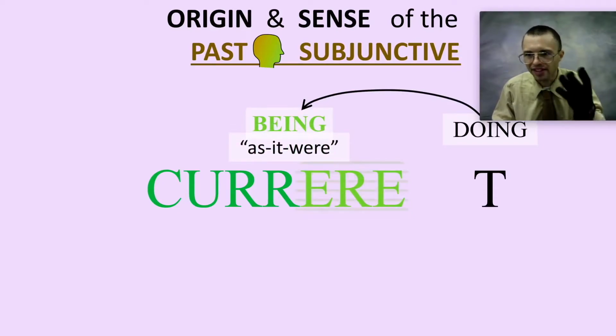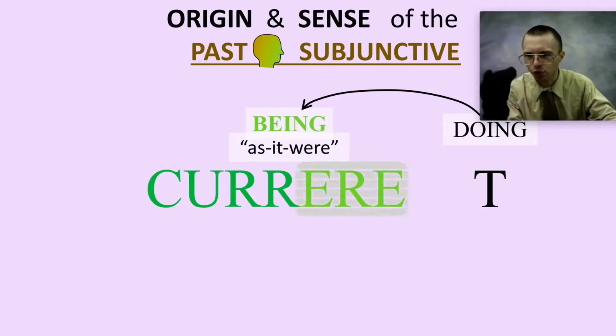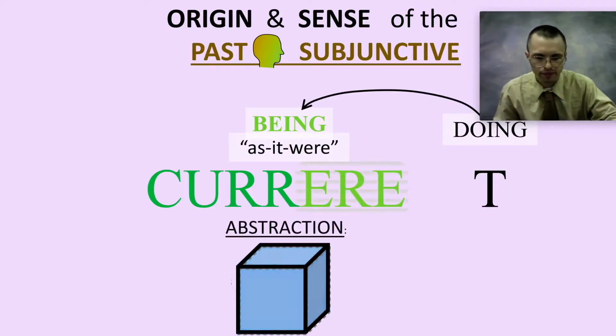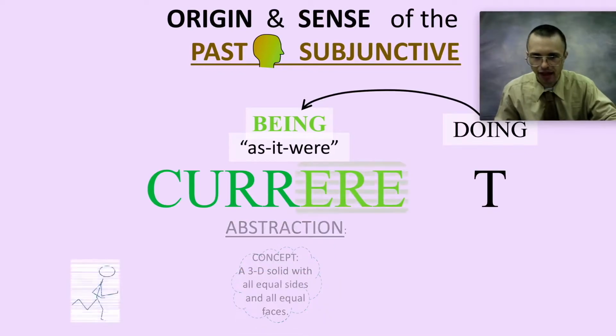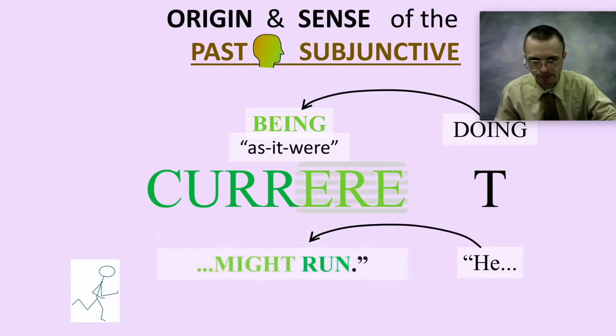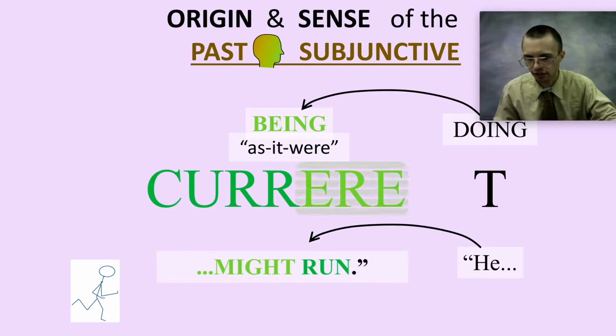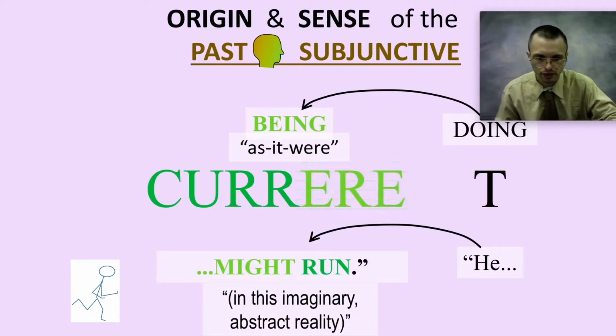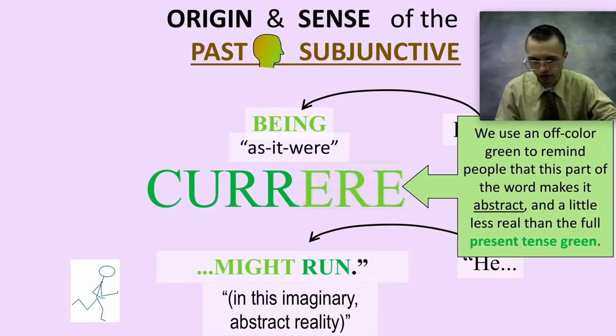That's what the sense of it is. When you say curreret, you're saying he is doing the curreret, the as it were existence of running. And again, this is an abstract event. It's not like it's really happening somewhere, except in your imaginary mind. So the standard translation for that then is he might run in this imaginary abstract reality.